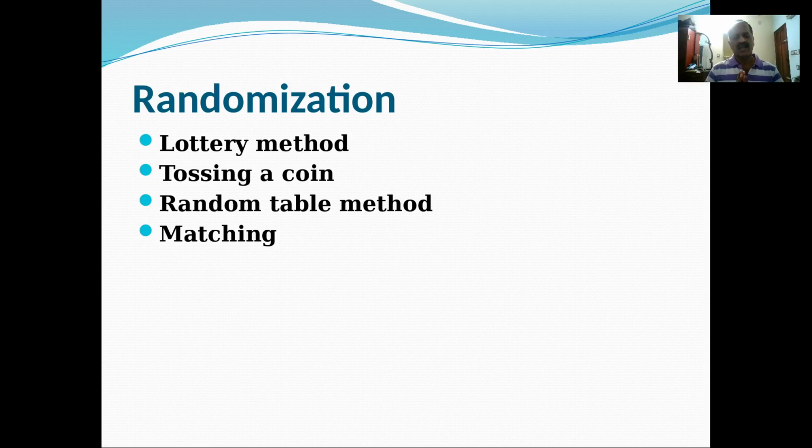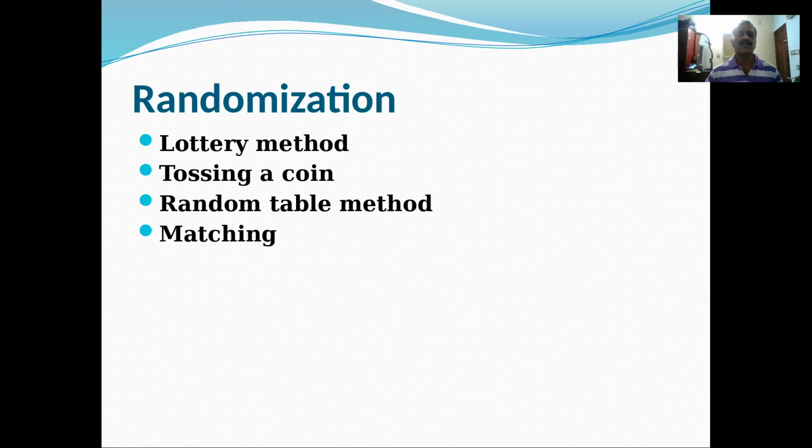First we'll see randomization. What is randomization? Randomization means the random allocation of subjects into the experimental group and the control group. Without any subjectivity, by objective methods, the researcher or investigator allots some of the subjects into the experimental group and some into the control group.